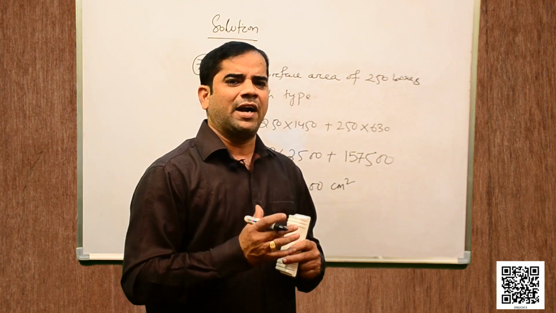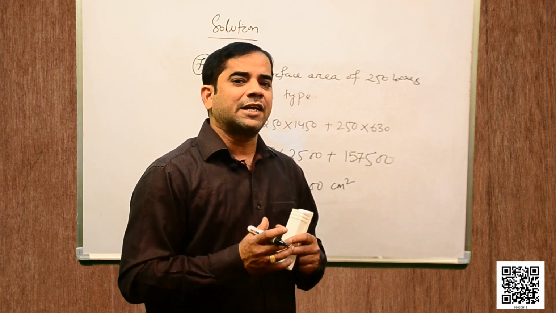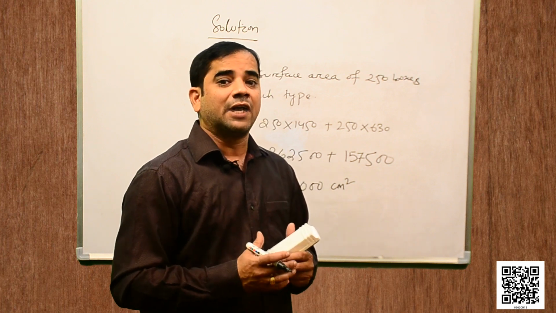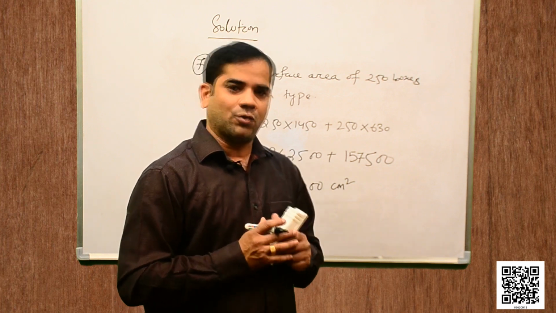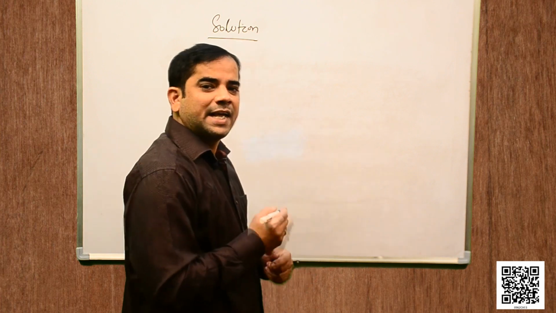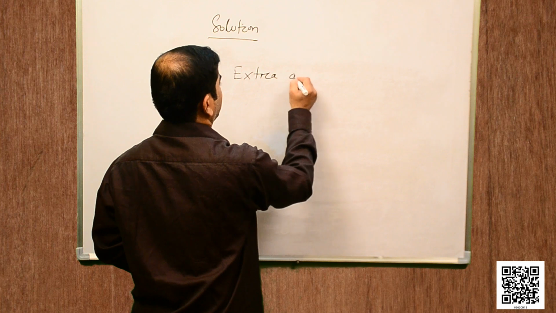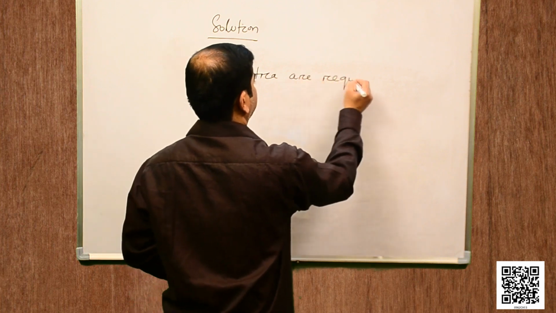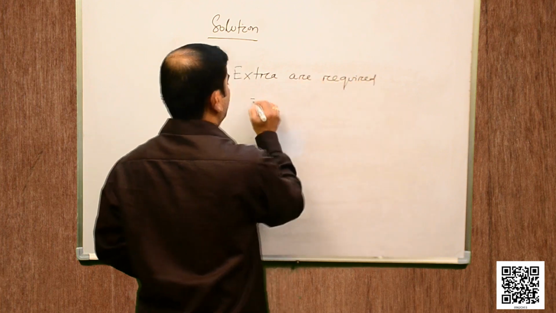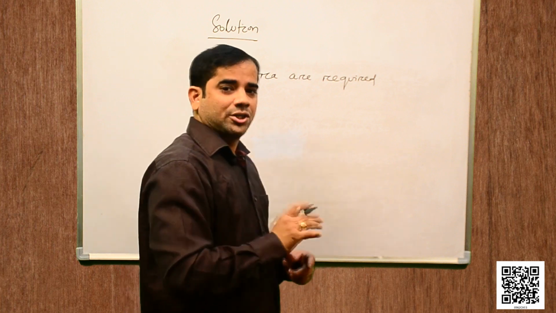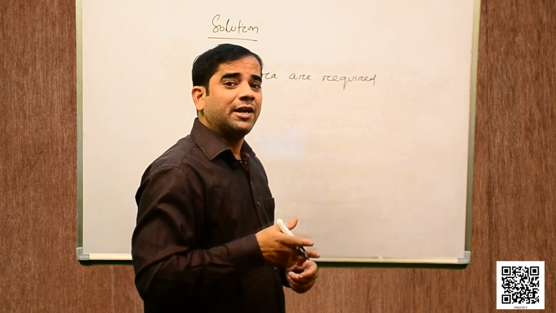Okay. Now, as per the given question, extra area required by both type of overlapping is 5%. So let us find out what is the surface area of the overlapped area. Okay. So extra area required is equal to each box. Okay, this 5% is for each box.